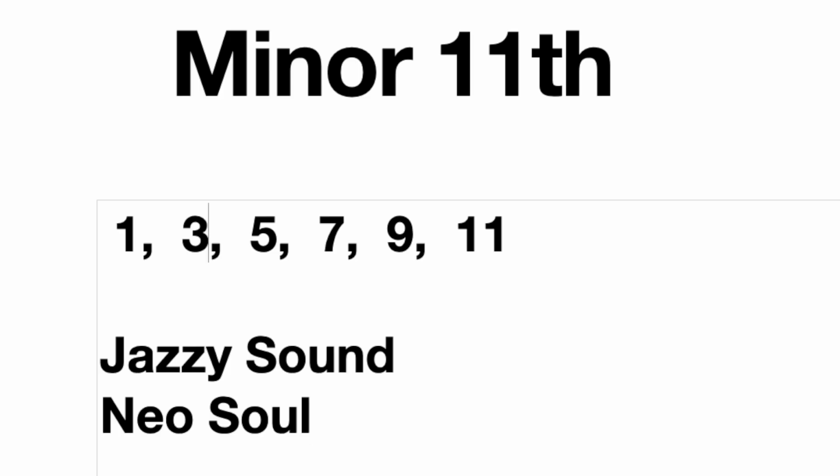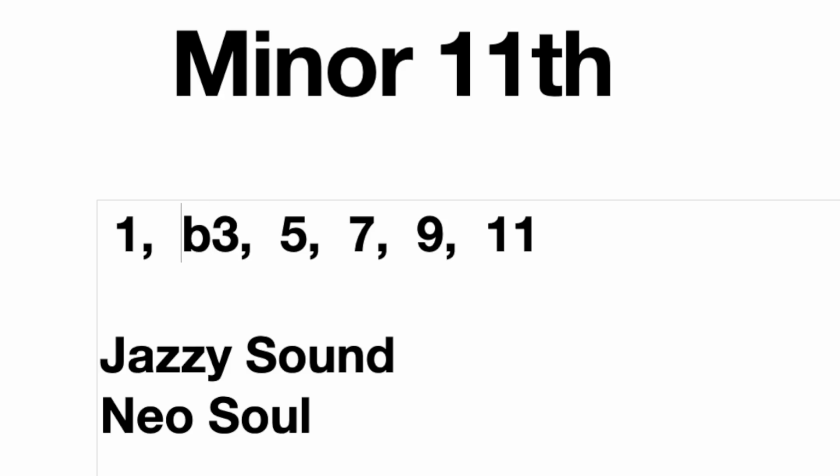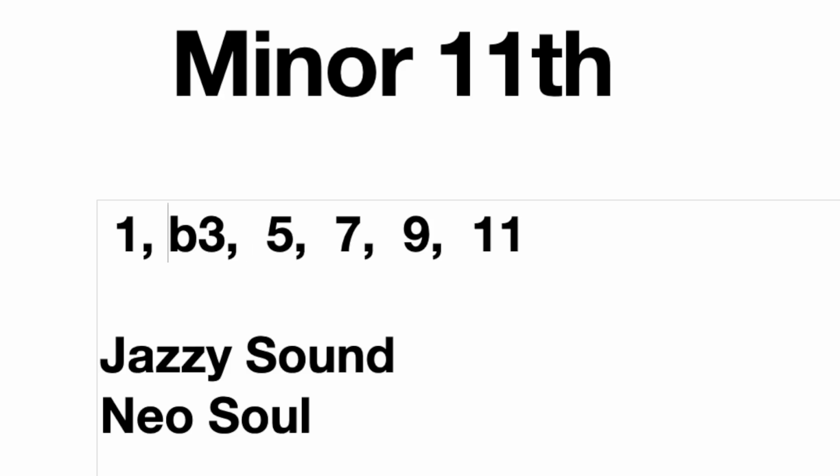And you know, we do need to make an edit here. That third is actually going to be flat, because the minor, we understand from our original minor series, is the 1, flat 3, and the 5. So what we're doing here is we are adding our 7th, our 9, and we are adding our 11th. And we're going to get into that right now. Here we go.